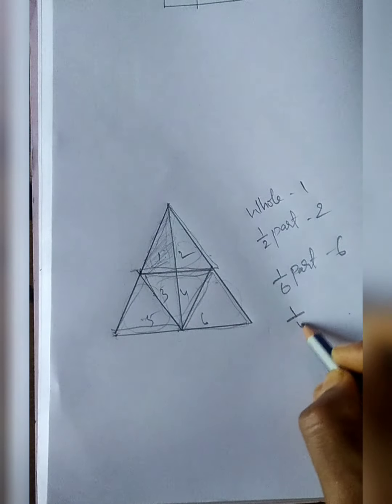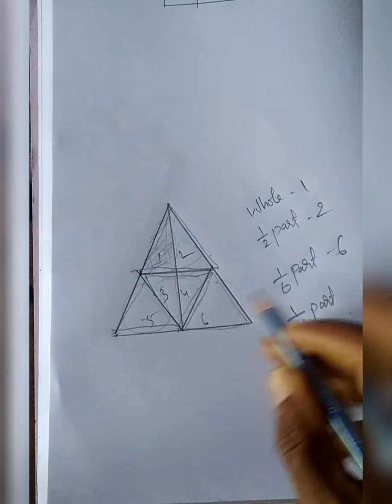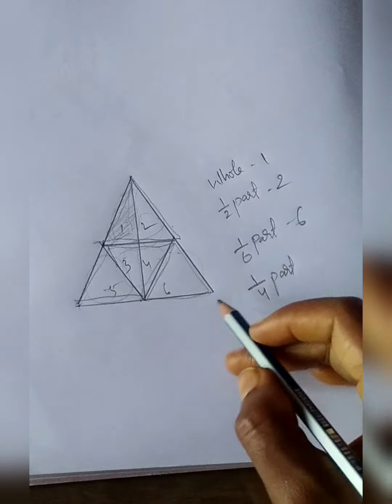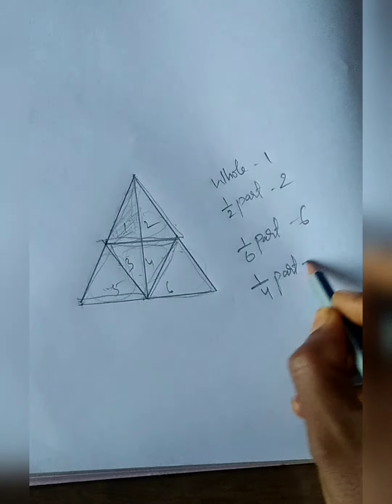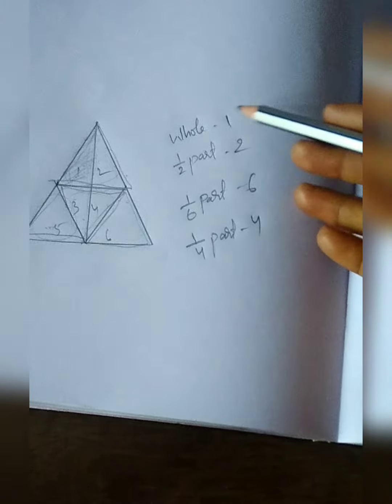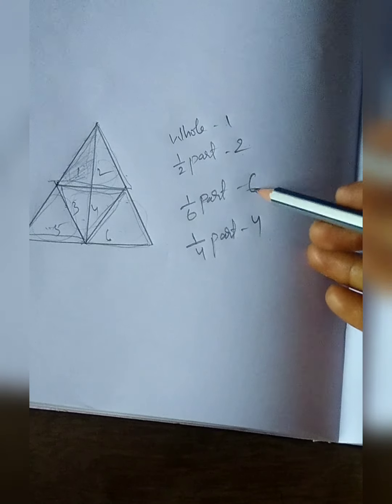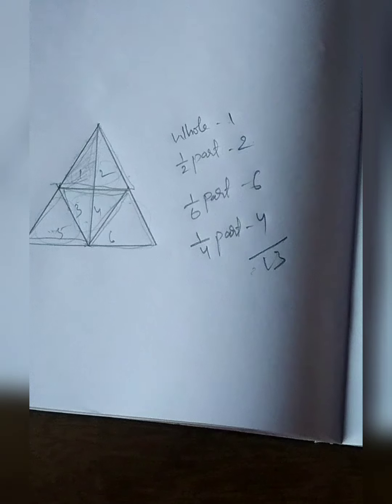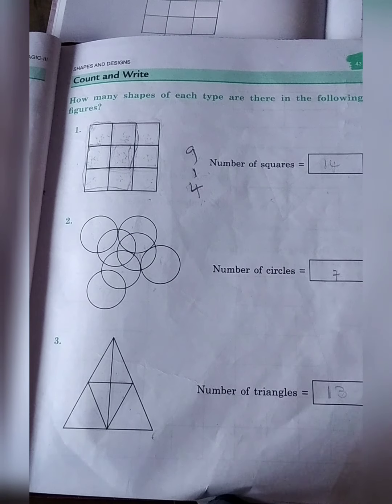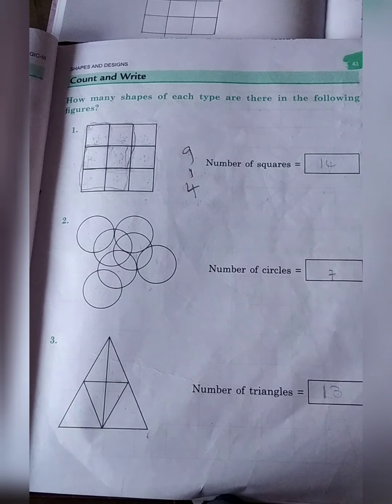So 1/4 part means the total triangle is divided into 4 equal parts. Each part is a 1/4 part. So like that you have 1, 2, 3, 4, right? Now count how many you have in total. 1 plus 2 is 3, 3 plus 6 is 9, 9 plus 4 is 13 triangles, right? So you have 13 triangles in it. So he has written 13 here.